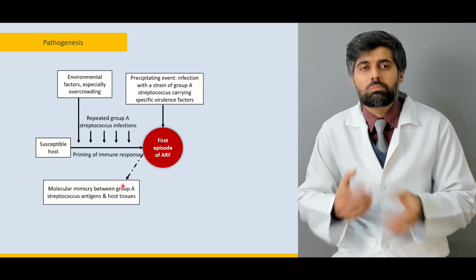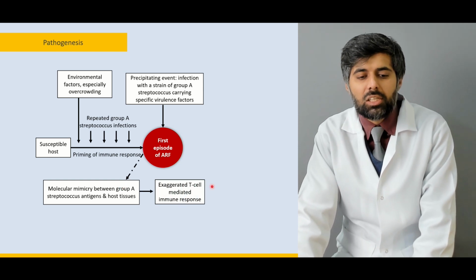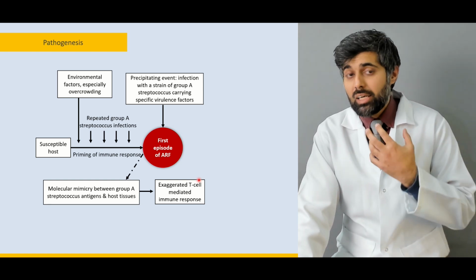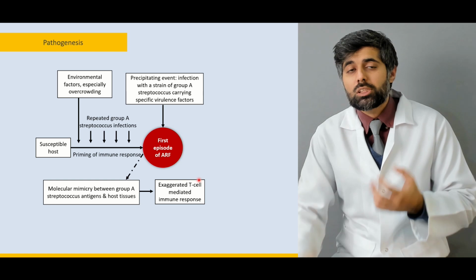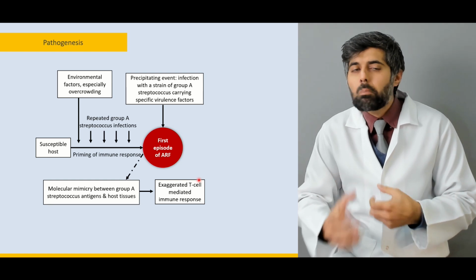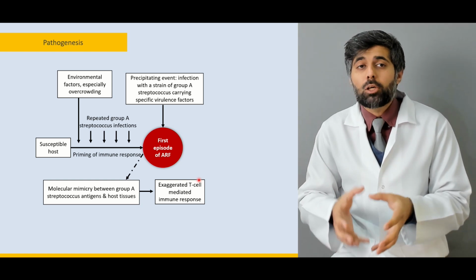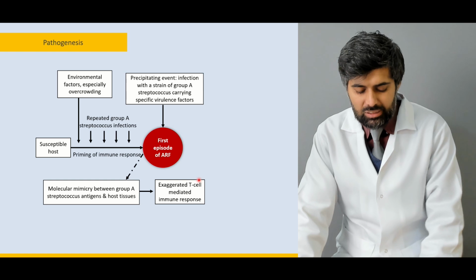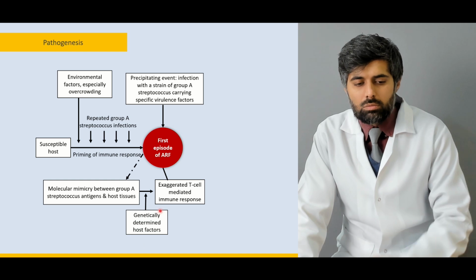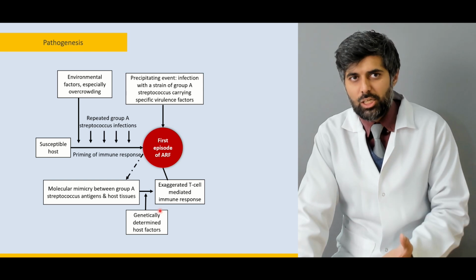Because they have the same structure, there is an exaggerated T cell mediated immune response. In an exaggerated T cell immune response, T cells not only proliferate in the area, but also invade and damage that particular tissue. This process can be further increased if the patient is genetically predisposed to these conditions.